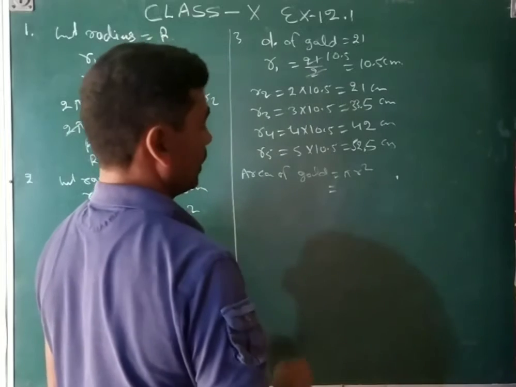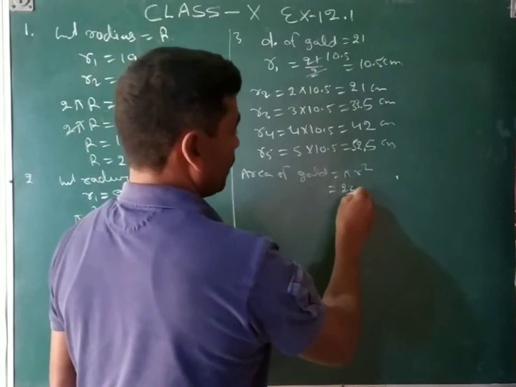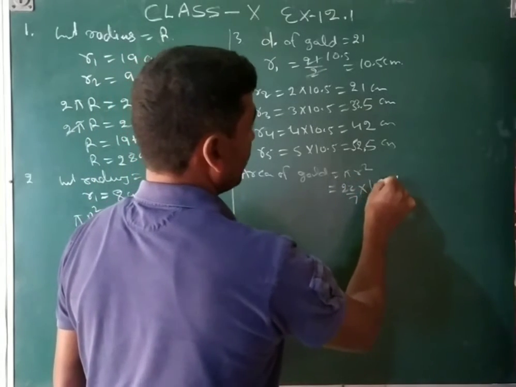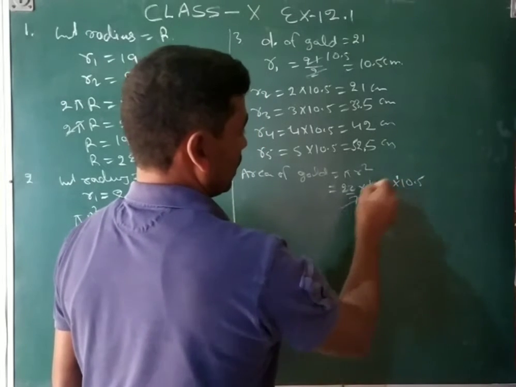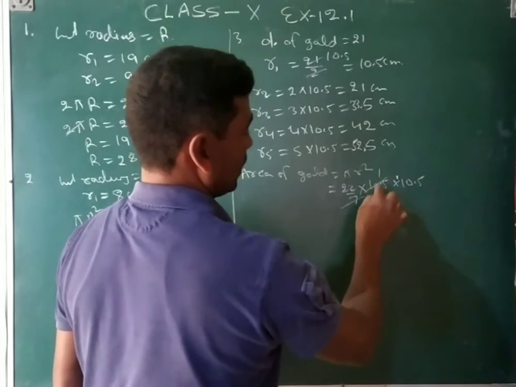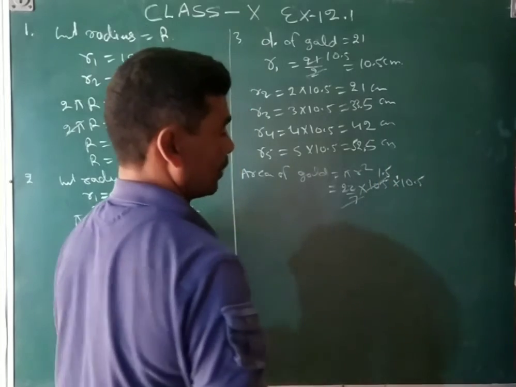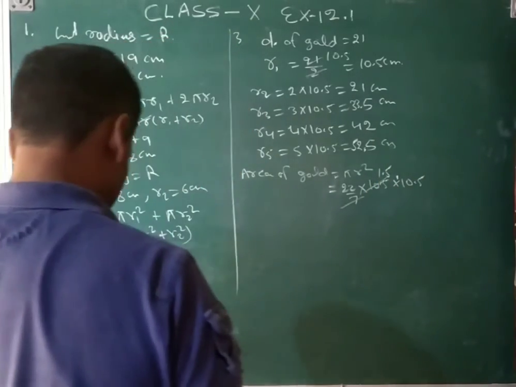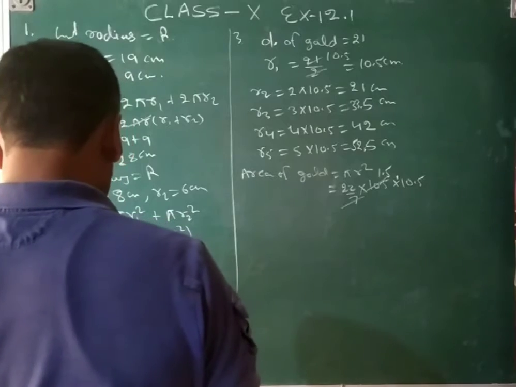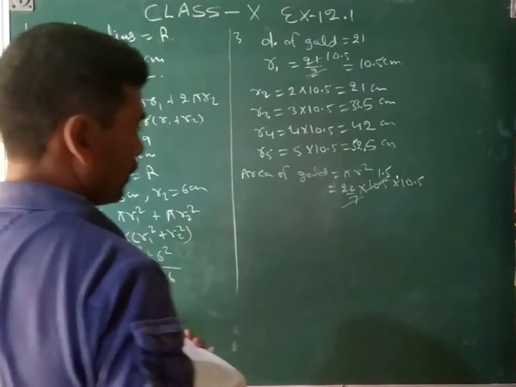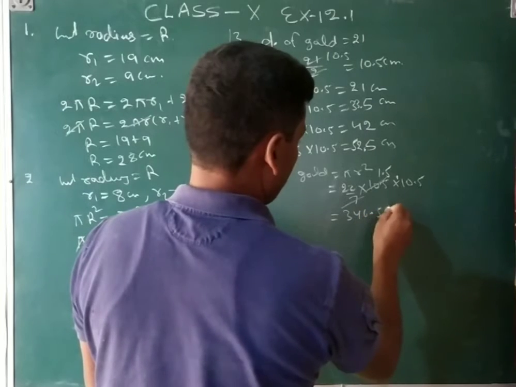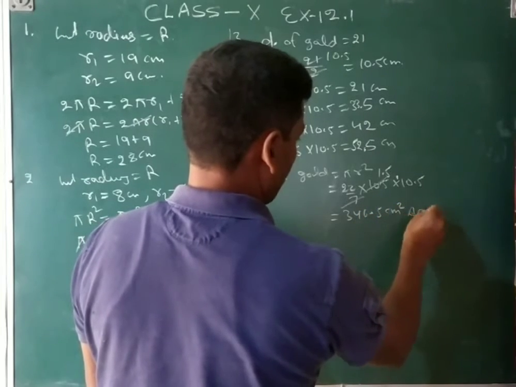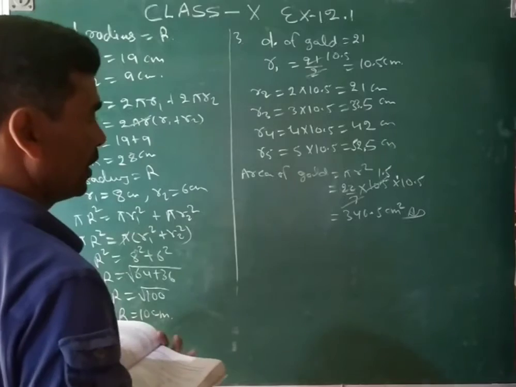So here we will apply 22 upon 7 into 10.5 into 10.5. After multiplication, that will be 346.5 centimeter square. This is the first area.